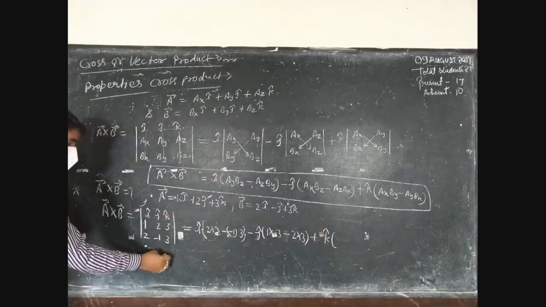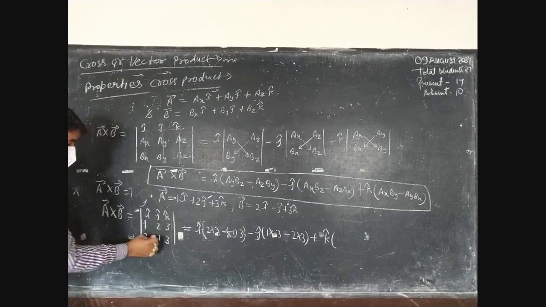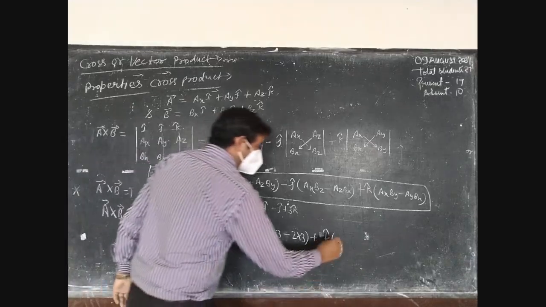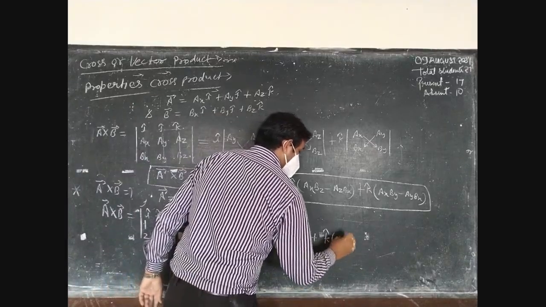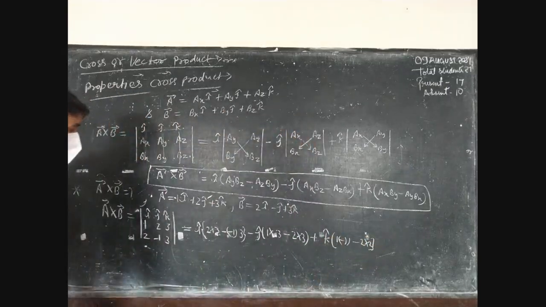Then last column and first row, 1 minus 1 and 2 into 2. 1 into minus 1 minus 2 into 2. Okay, this you will get.